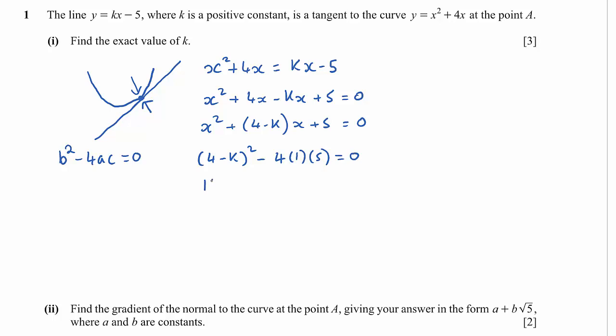So what does that give us? 16 minus 8k plus k squared, take away 20, is equal to 0. So k squared minus 8k minus 4 is equal to 0.